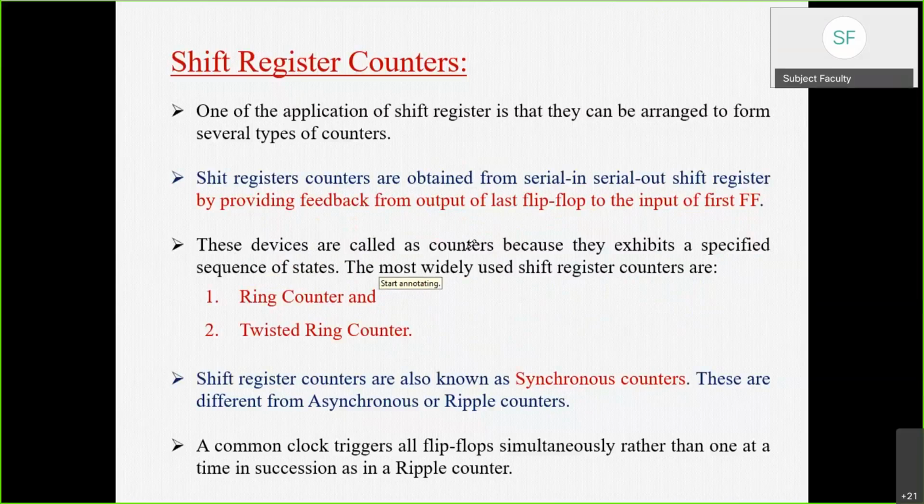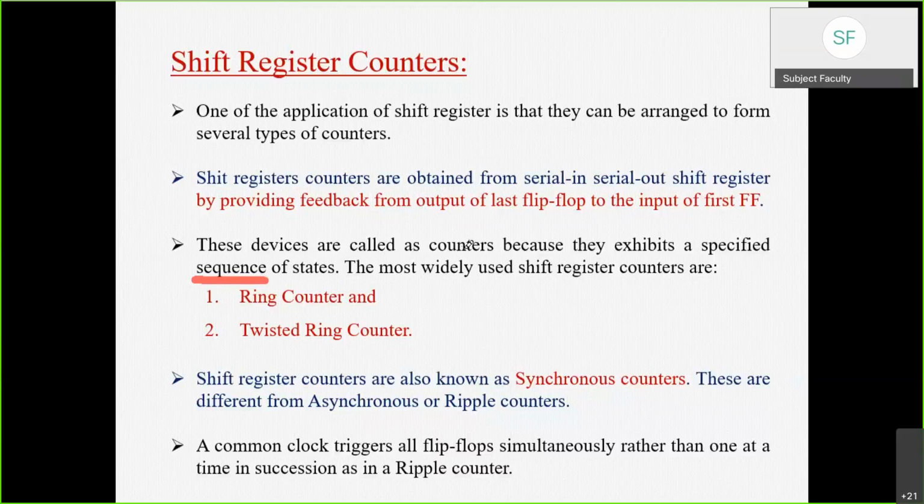These devices are called counters because they exhibit a specified sequence of states. In an asynchronous counter, it was actually counting in binary representation. The output was 0, 1, 2, 3 up to whichever is your maximum count.